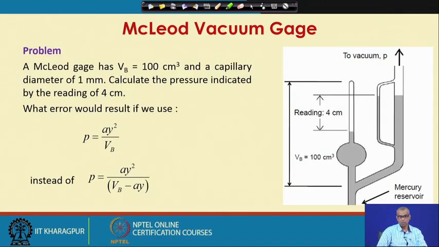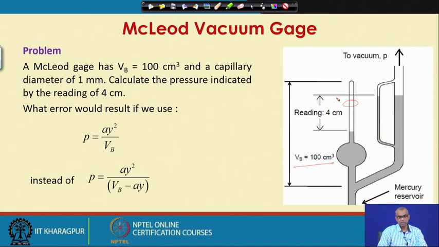Let us now look at a simple problem for the McClure vacuum gauge. A McClure gauge has volume of bulb as 100 centimeter cube and capillary diameter 1 millimeter. So, this diameter is 1 millimeter.